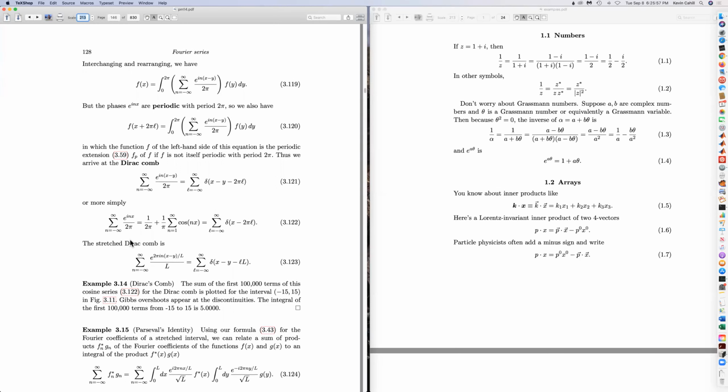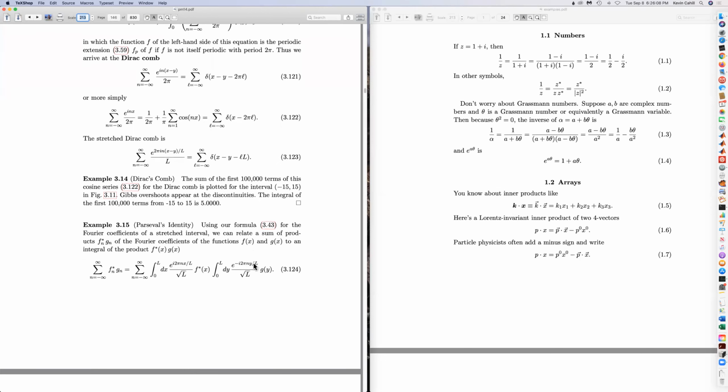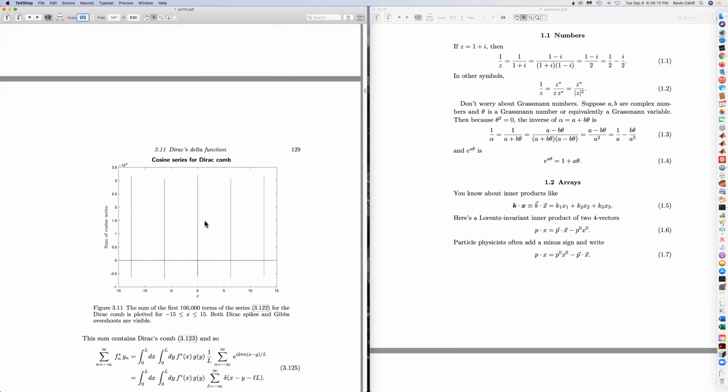And if you write it more simply by setting y equal to 0, you then get this expression. Or you put in an L, you get that expression. I graphed that here, and notice that the scale here is 35,000 and minus 1,000 here.